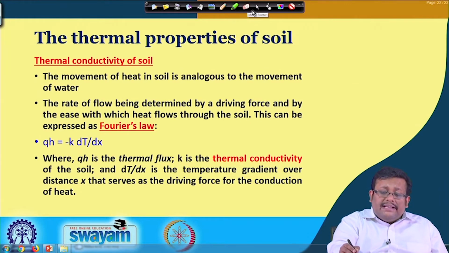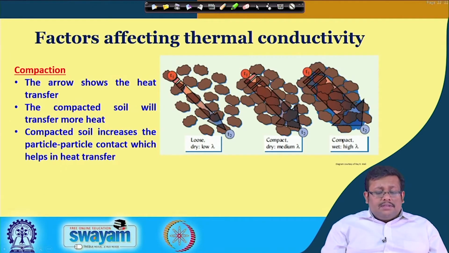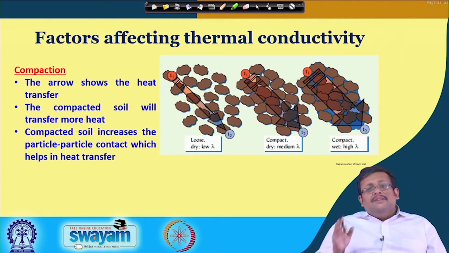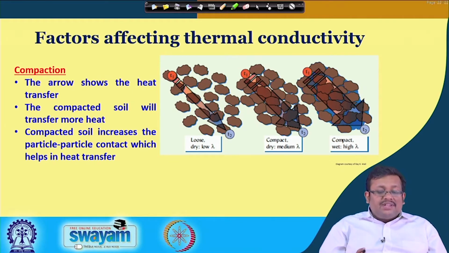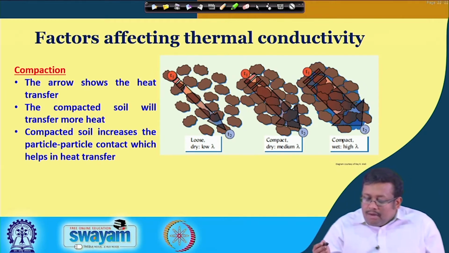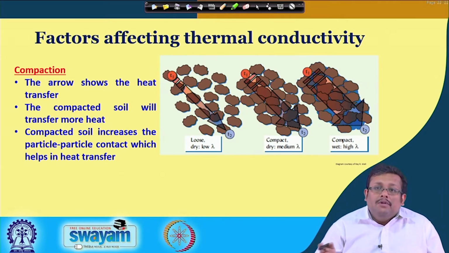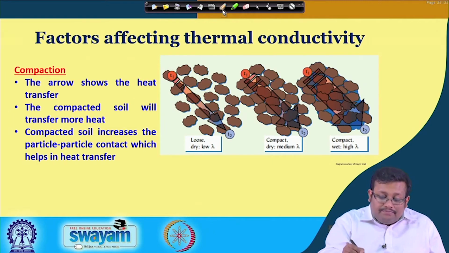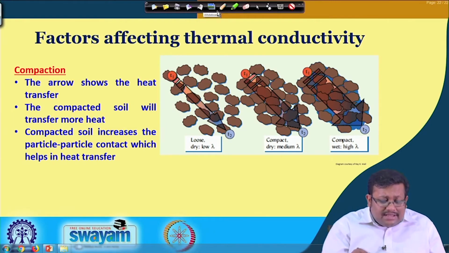Let us see some factors which affect the thermal conductivity of the soil. The first important factor is compaction. When the soil is more compacted, obviously the heat flow will be more. The arrow shows the heat transfer.